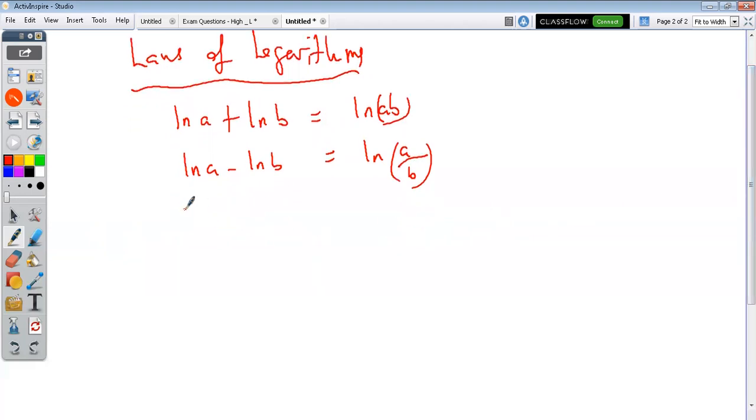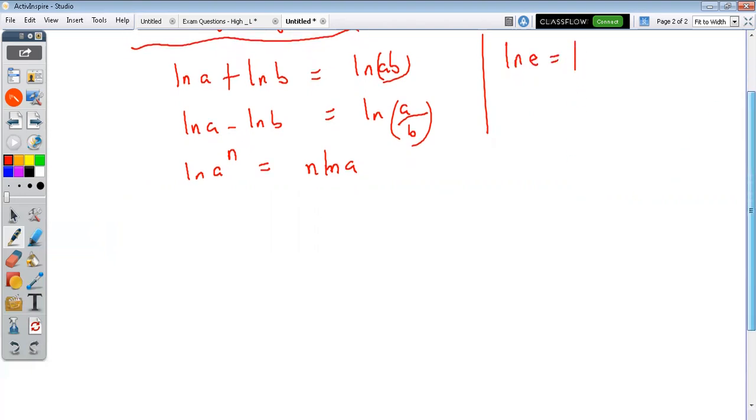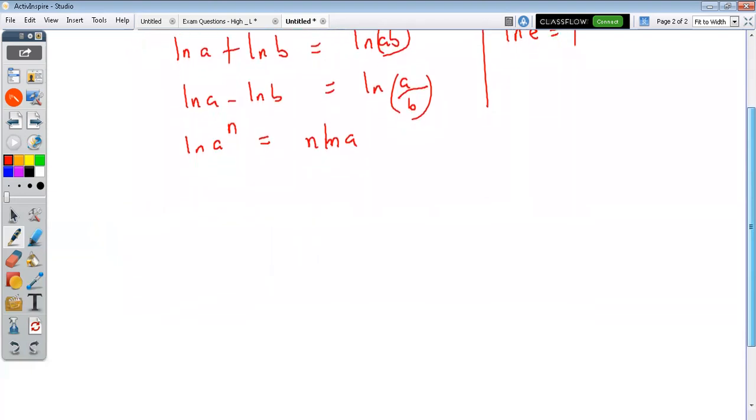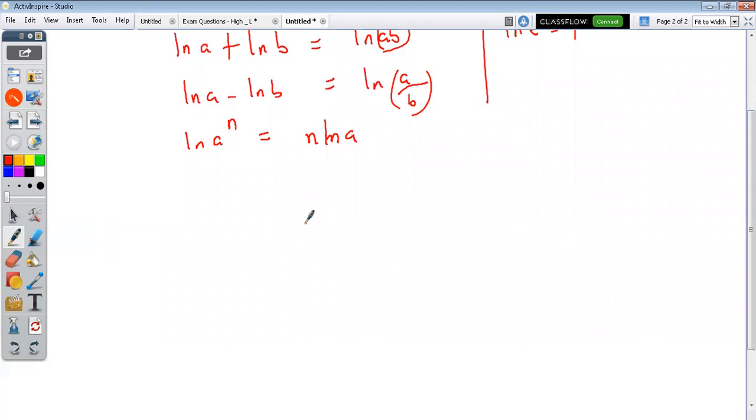If I say ln of a to the power of n, this is the same as n ln a. Another thing in general is that ln e is equal to 1. So, for example, ln 2 plus ln 3 is the same as ln of 2 times 3, which is ln 6.